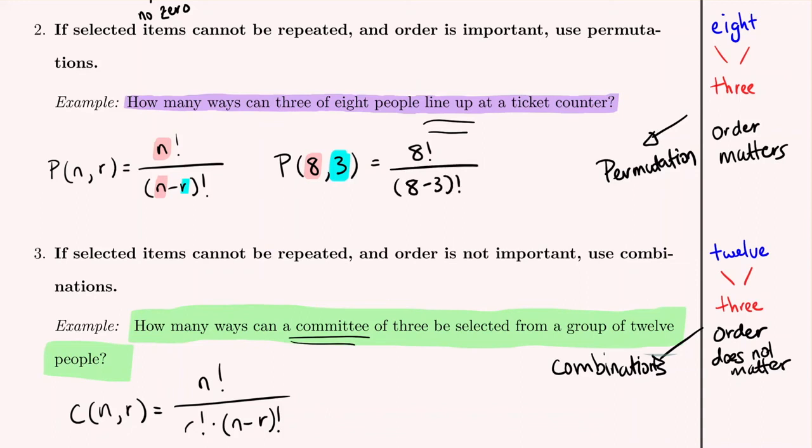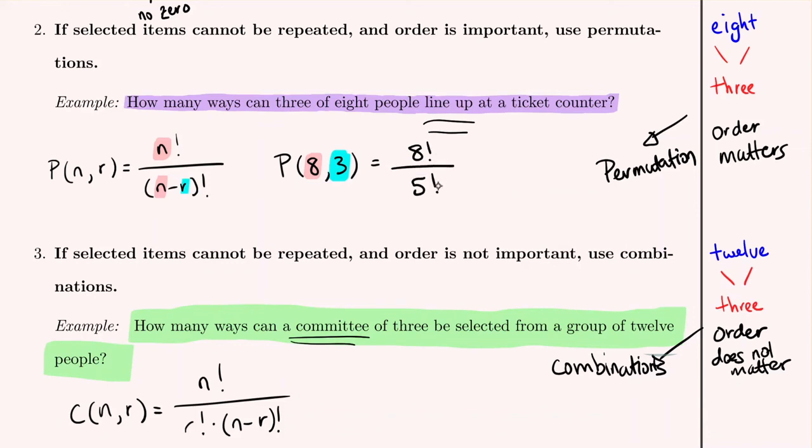Now, I think we've done enough examples that you might have noticed, oh, 8 minus 3 is just 5, so this is going to be 5 factorial. You could definitely do that in your head, subtracting 8 minus 3 and just writing 5 factorial. Feel free to do that, or you could write it out and then in a next step simplify it.